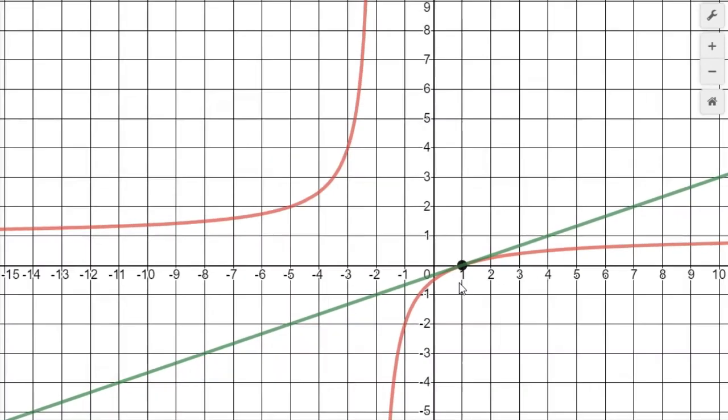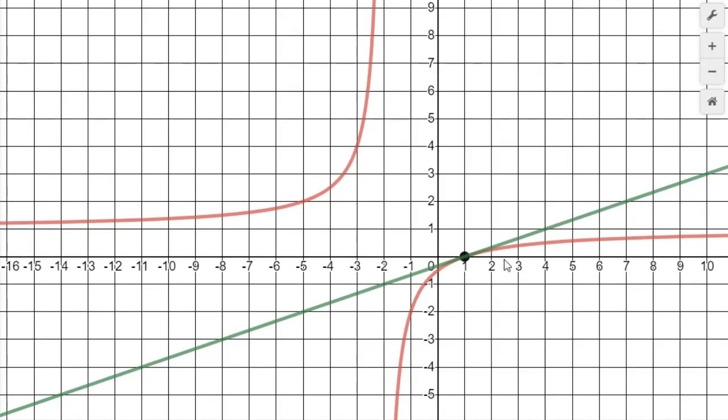So completing it all together, this line in green here has the equation 1/3 x minus 1/3. And that is the tangent line for our actual graph in red right here, but at that particular point, x equals 1.